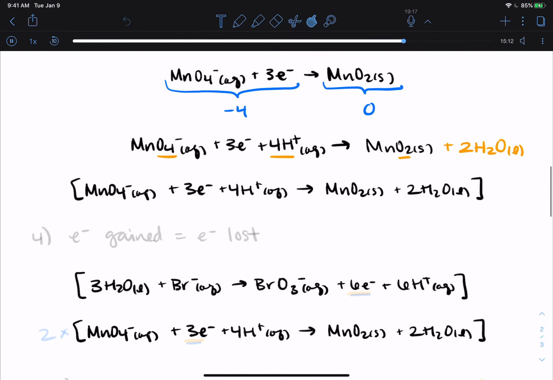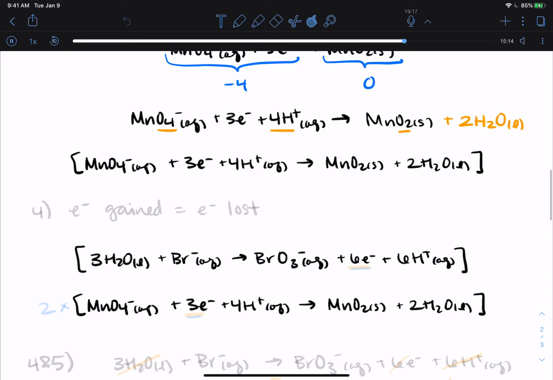So for step 4, where we're going to make electrons gained equal electrons lost, what I have done is copied down the 2 balanced half reactions that we just did. So I've got my oxidation half reaction and my reduction half reaction, and I'm going to underline the electrons in each of these.